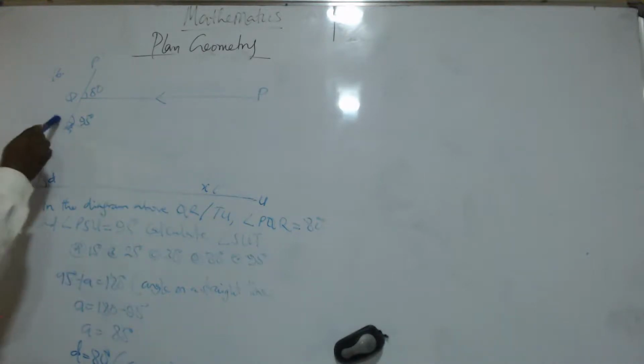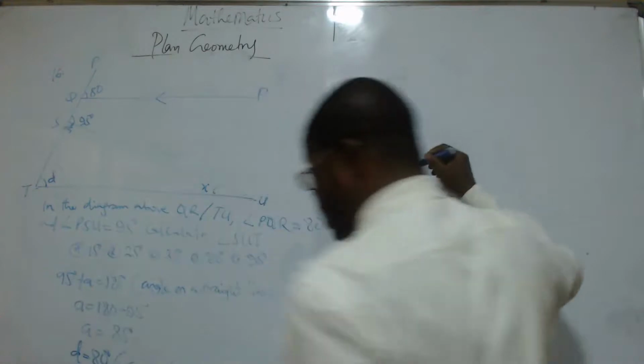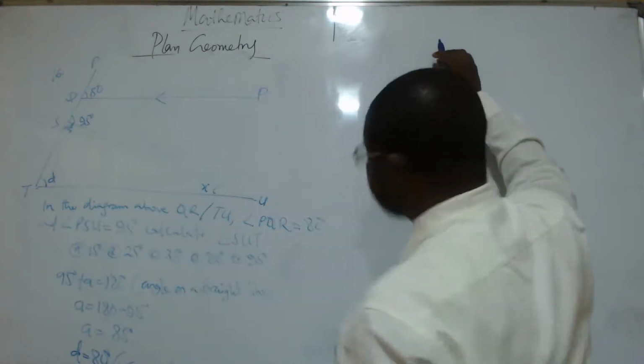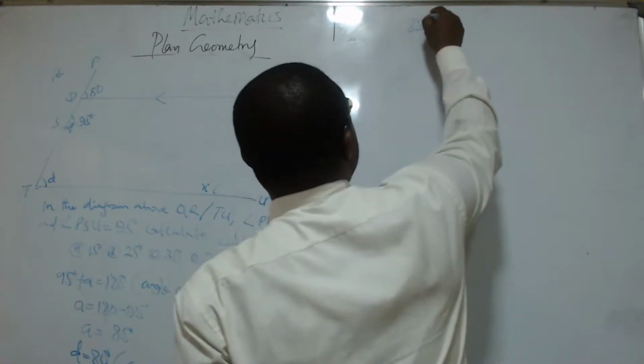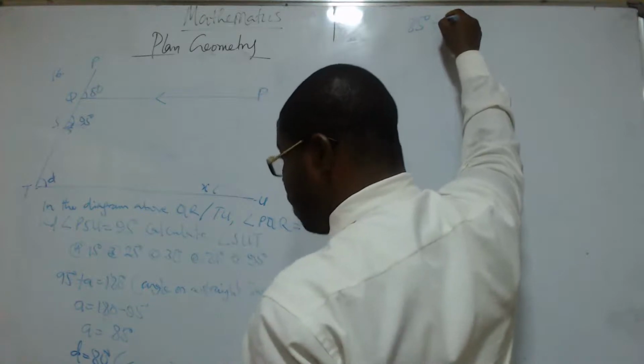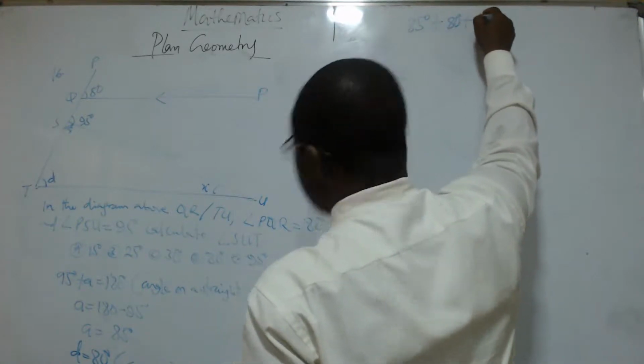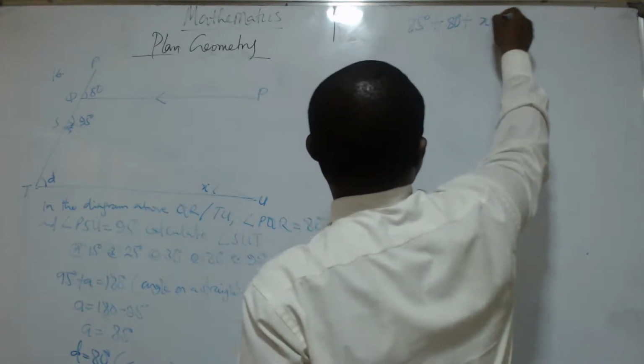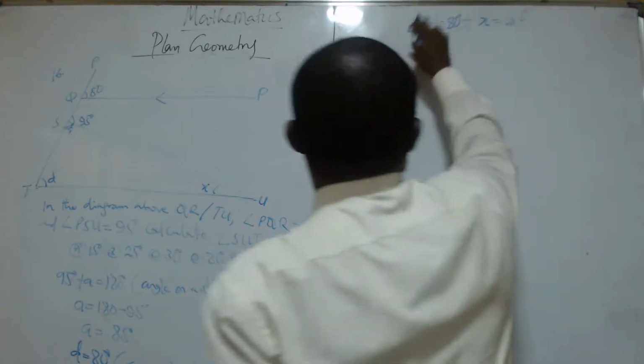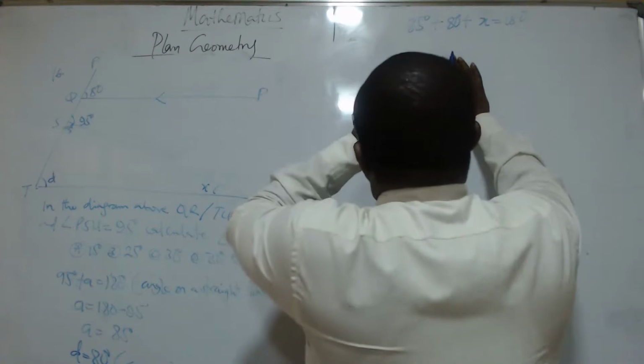So this forms the triangle. The sum of all of them will give us 180. And our A is 85 degrees plus our D, which is 80 degrees, plus our X equals 180.